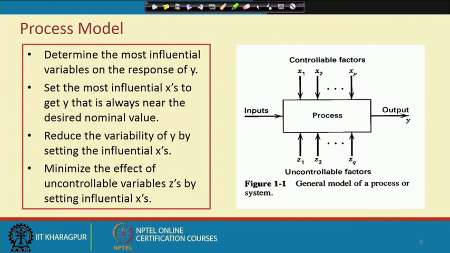So, the process itself has certain characteristics. These characteristics are named controllable factors and uncontrollable factors. For example, if you are producing a wheel rim through a centrifugal casting process, then the speed of the process, the feed rate, and the molten metal flow, all those things will be the controllable factors. And there will be certain factors which you may not be able to control, maybe the ambient temperature during cooling after casting.